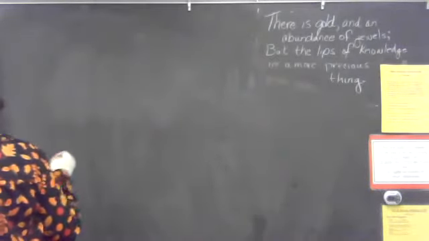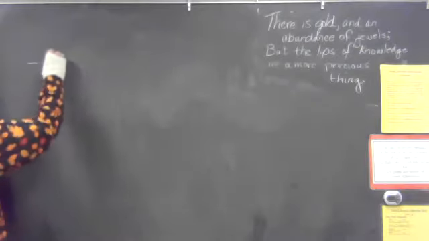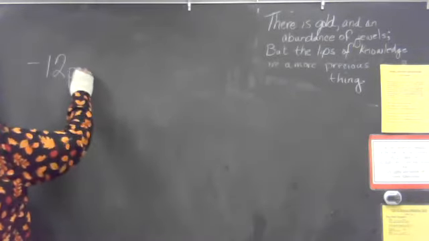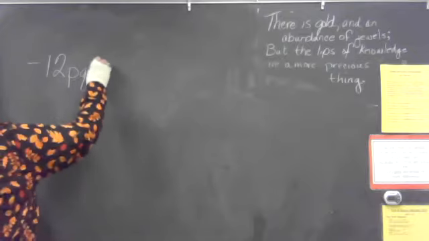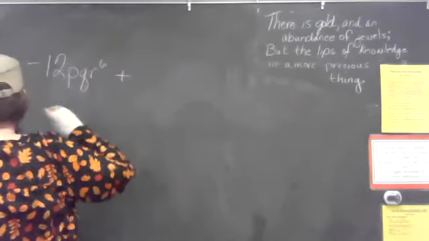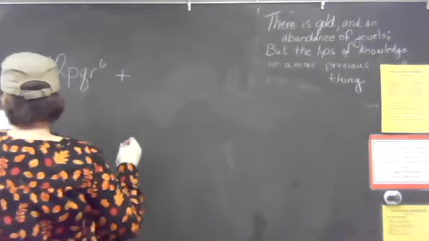Let's do this one. I'm on page 2 of packet 2, number 5. It says 12 p q r to the 6th, and it says to add these. It has a comma on the worksheet, but it says to add the 2.